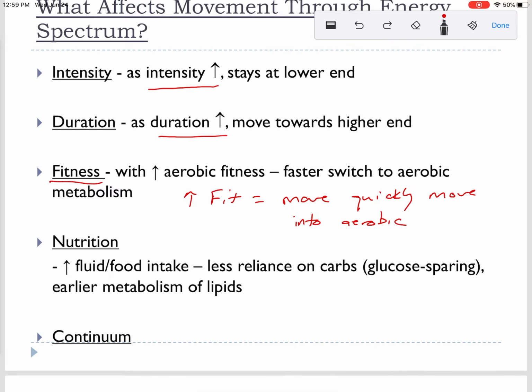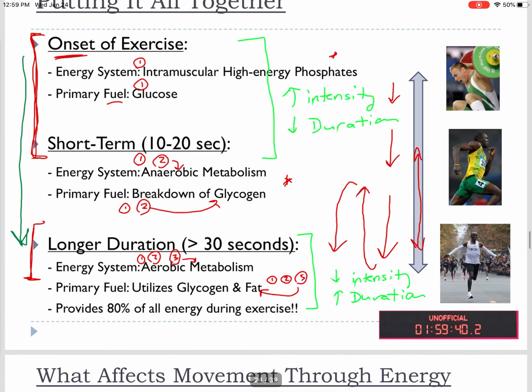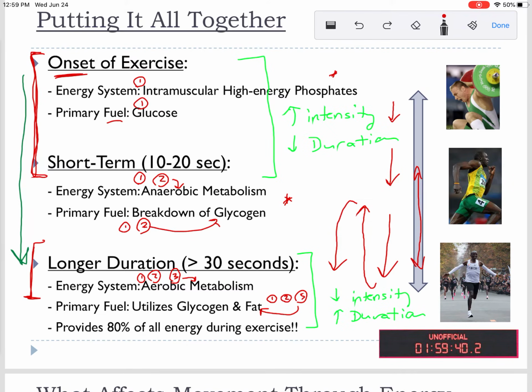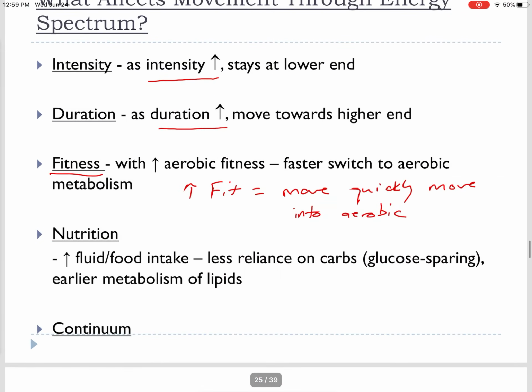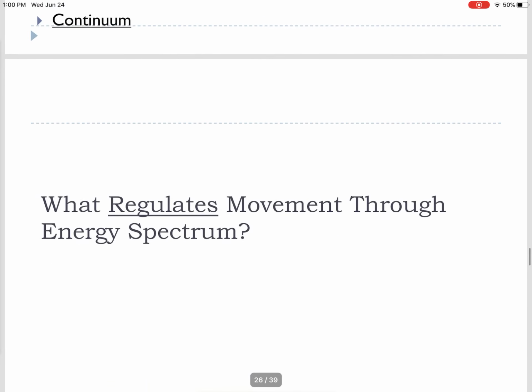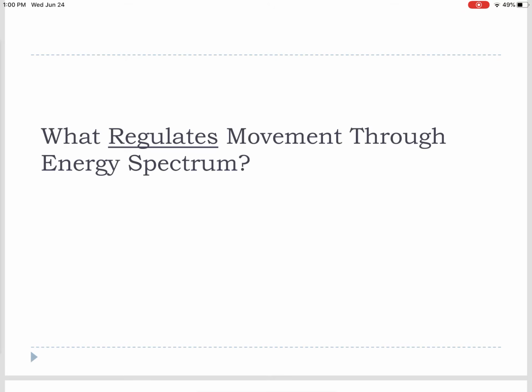And that's a good thing. So the more fit you are, one adaptation to training, the more quickly you're going to get to our aerobic means down here. And that's a good thing, because that's going to give us the most energy per gram. The rest here is all extra, but I would review those.